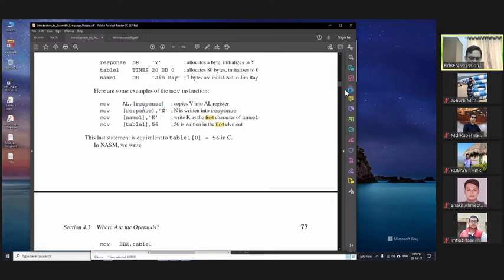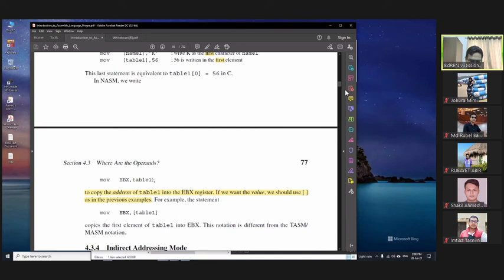For example, if we want to copy the value inside the response variable, then we use brackets. If we want to copy the address of table 1 into the EBX register, then we don't have any brackets. If we want to move the value, then we should use the brackets. So just keep this in mind.